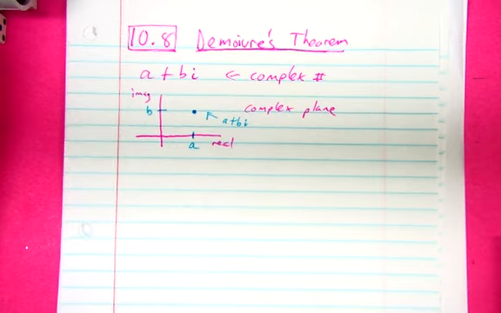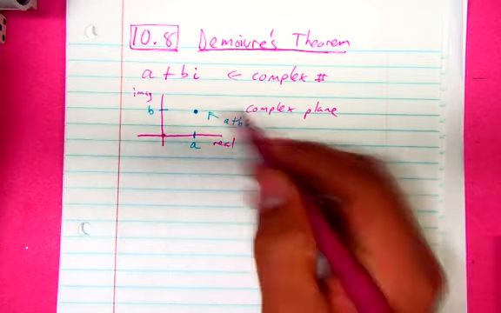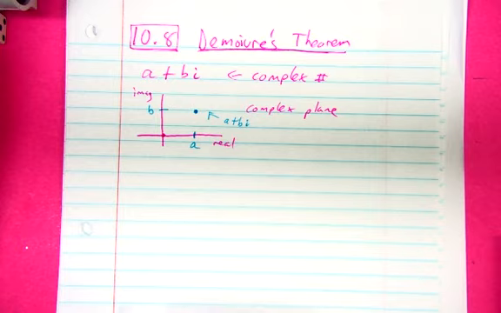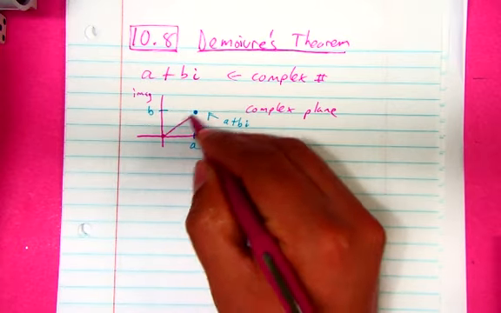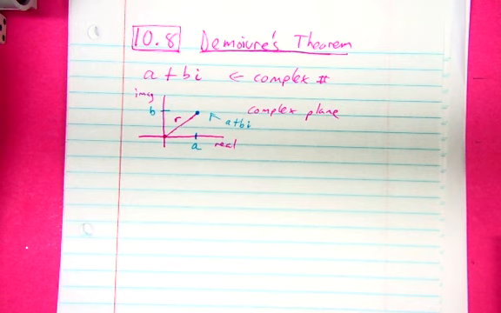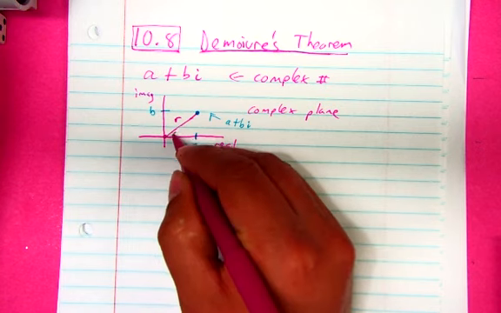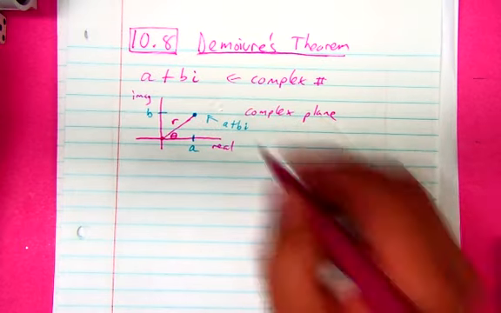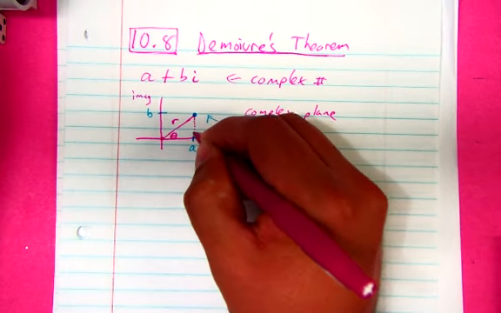Now, if we connect from the origin to this point, and we call that r, and we label the angle with respect to x, or the real axis, theta, we have a right triangle that we could use.